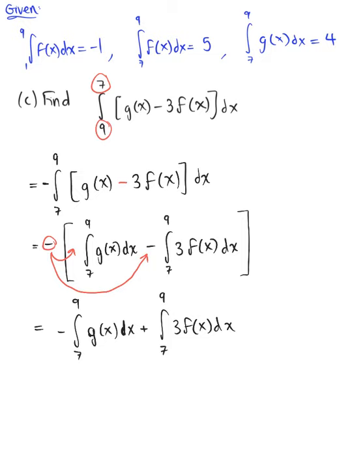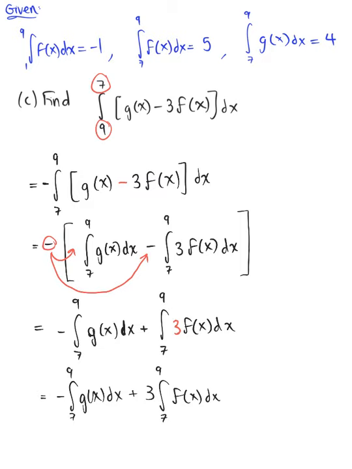We're almost there. The last thing we're noticing is this constant 3. So we can apply the constant multiple rule and pull this out to the front. I now have minus the definite integral from 7 to 9 of g of x dx plus 3 times the definite integral from 7 to 9 of f of x dx. We're ready to start evaluating now.